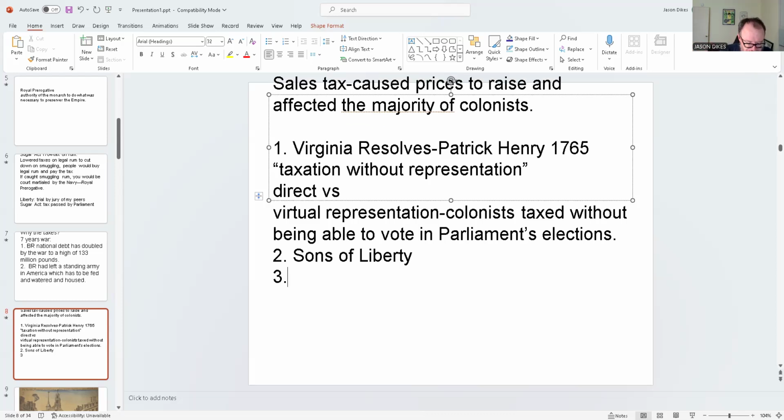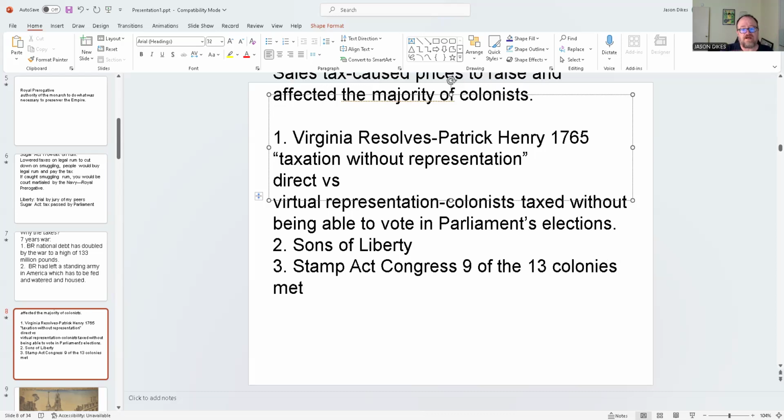And then finally, what was called the Stamp Act Congress. Nine of the colonies met. Okay, so this is kind of like what Benjamin Franklin had wanted.